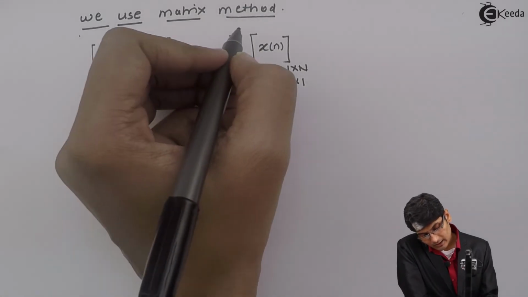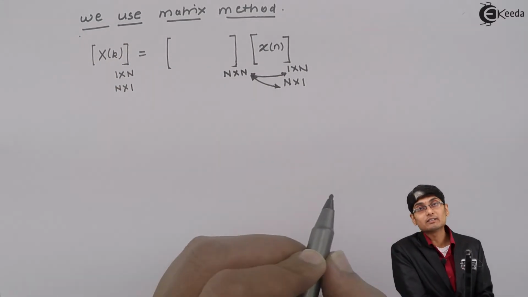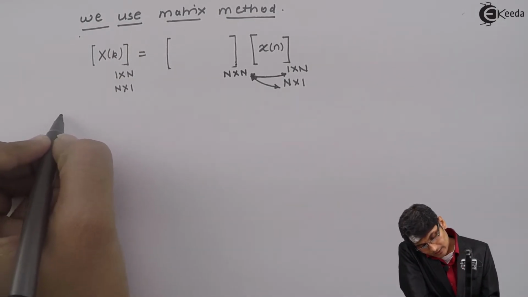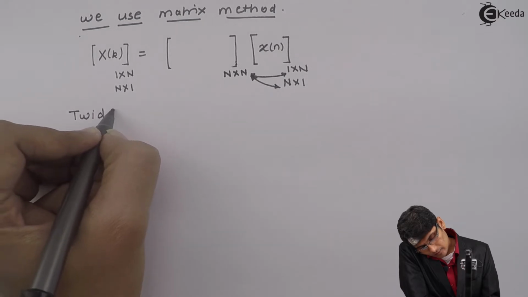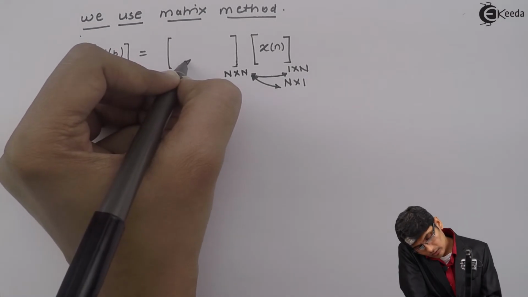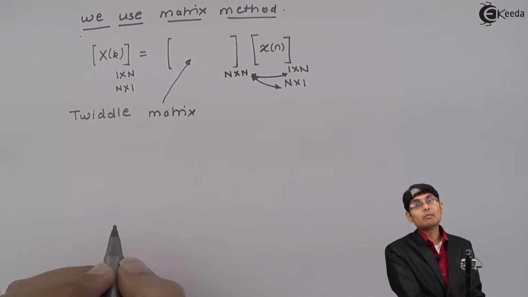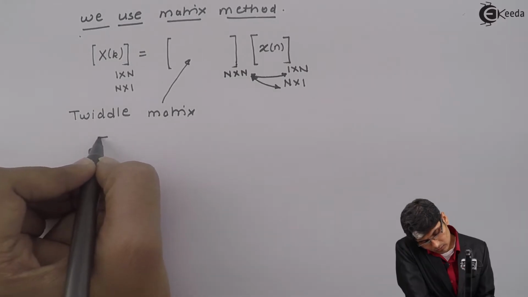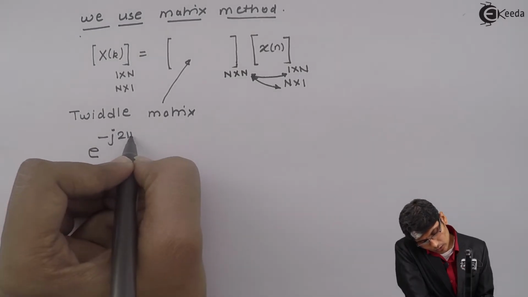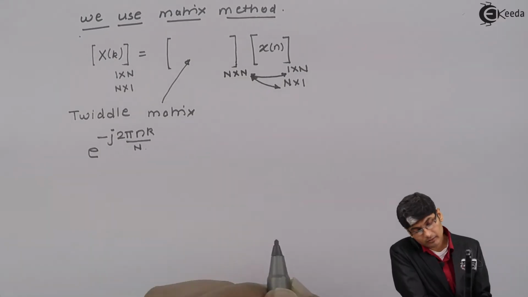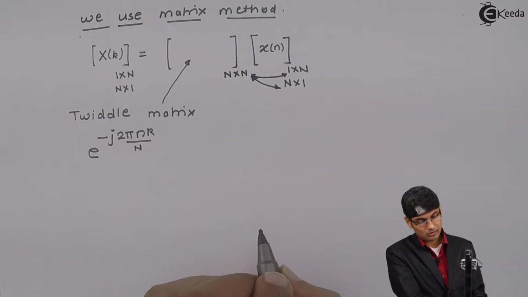Now, let us see what this matrix is all about. So, this matrix is called the Twiddle matrix, and we will be playing with the e raised to minus j 2 pi nk by N factor. Okay.